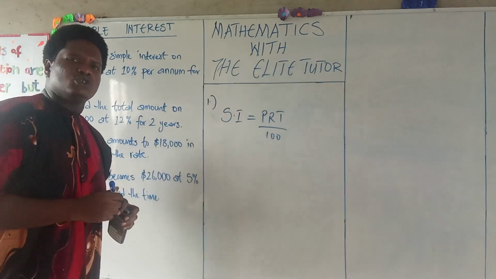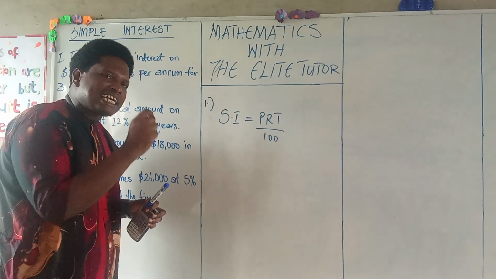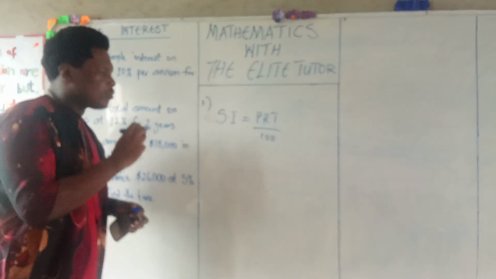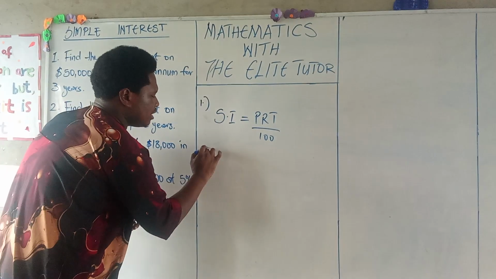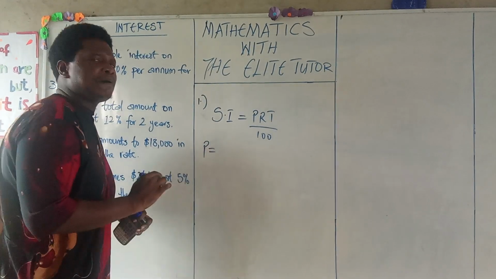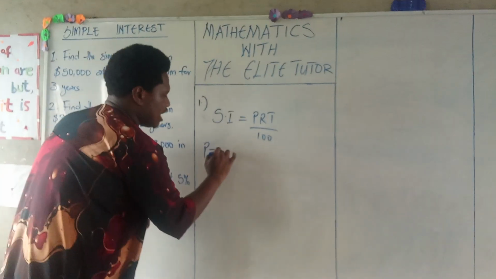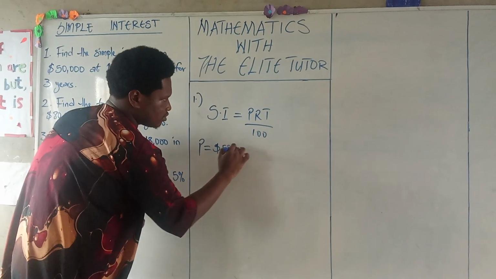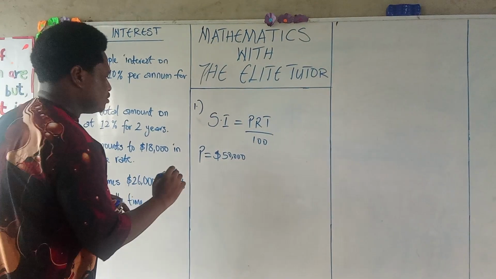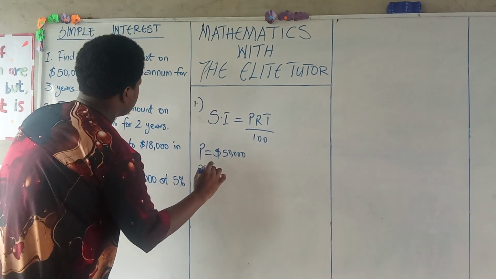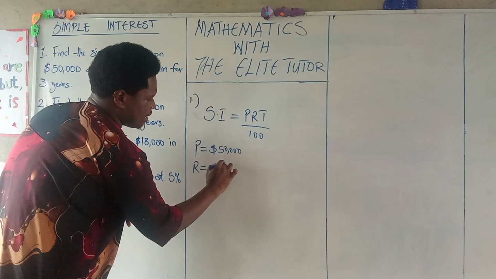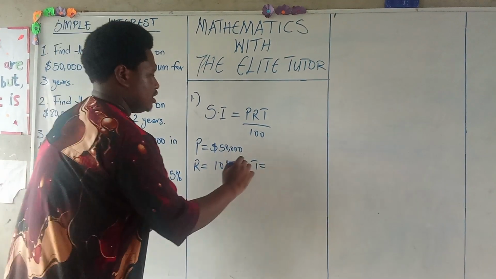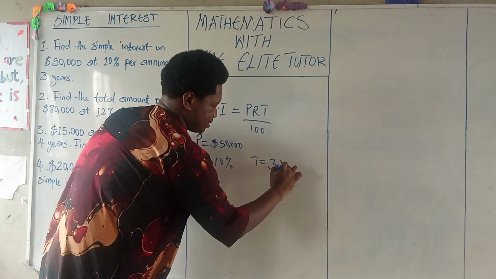Now the first thing I like to do, step by step, is to ascertain the parameters of the question. So our principal, which is the amount borrowed, is $50,000. Our rate in this question is 10% and our time is 3 years.